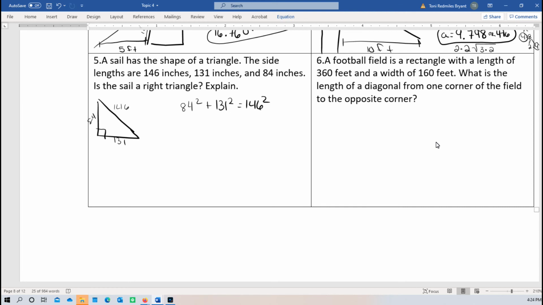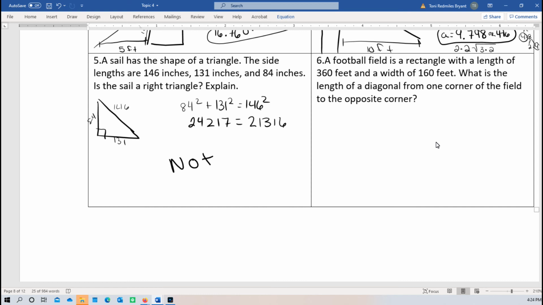So 84 squared plus 131 squared is going to equal 24,217, and 146 squared is going to be, no, it's not a right triangle.